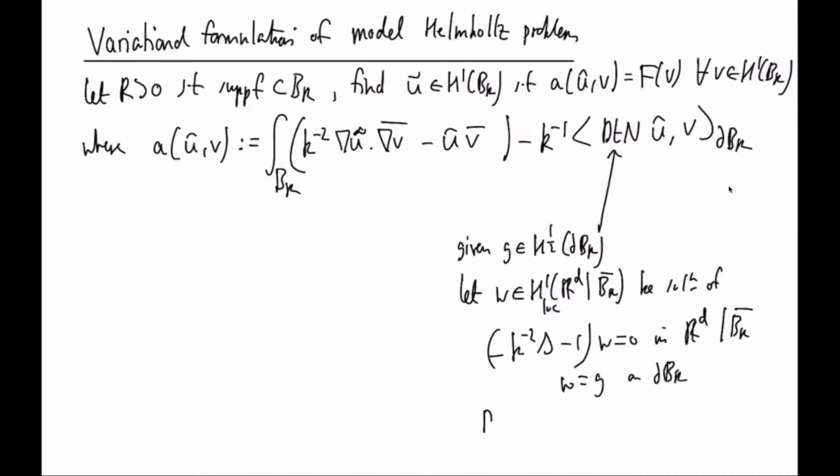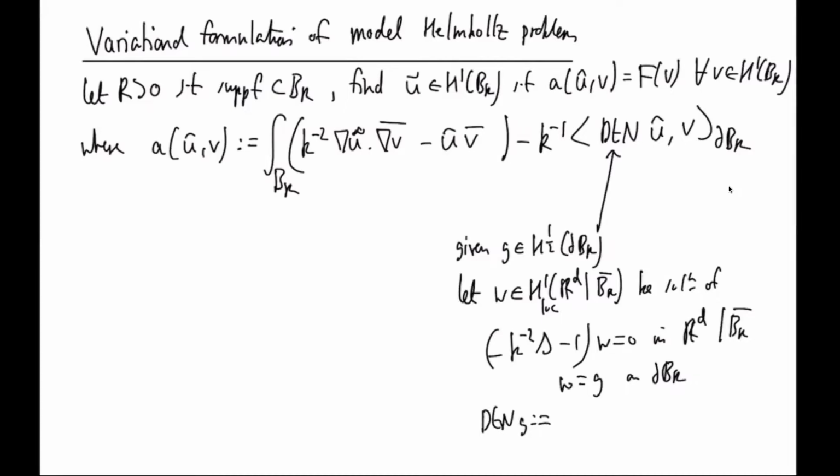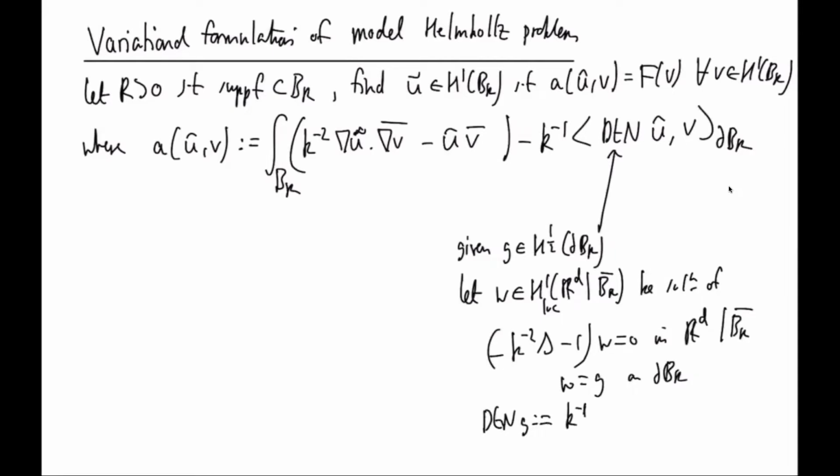Then the map DtN of g is defined as k inverse, since I'm weighting my derivatives with k, times the normal derivative, which is the radial derivative, of w on the boundary of the ball. So DtN maps H^{1/2} of the boundary of the ball to H^{-1/2} of the boundary of the ball. If you don't know what these fractional Sobolev spaces are, don't worry about it.